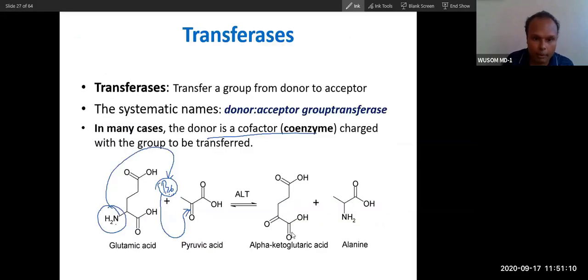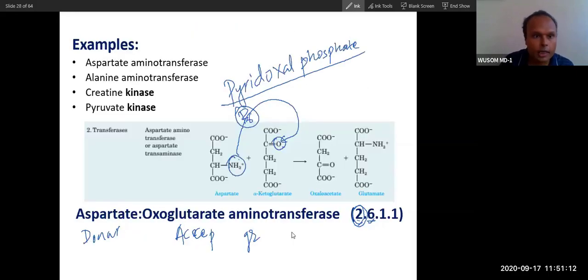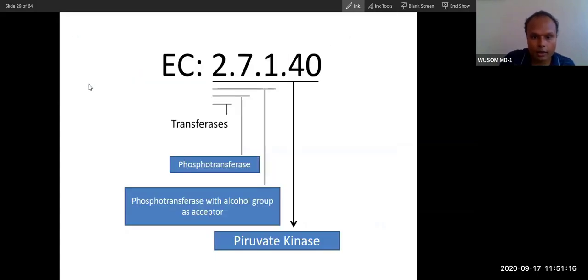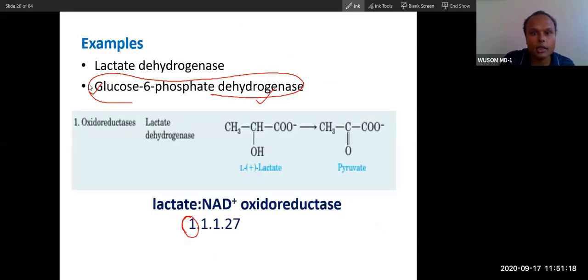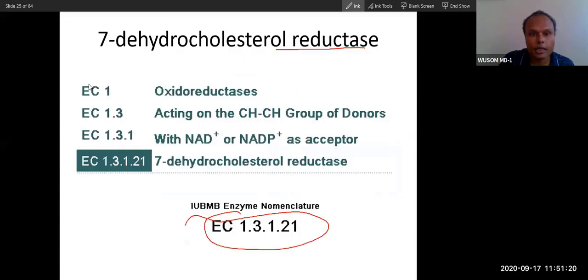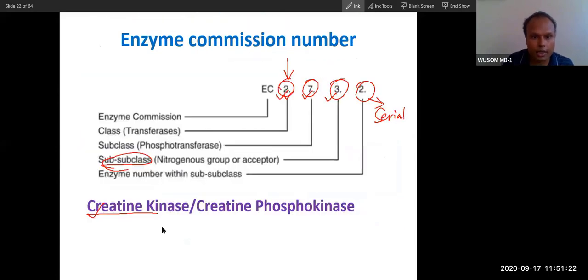Here this is alanine aminotransferase, ALT. And then creatine kinase, you can see here. This is creatine kinase, the first example I gave in the beginning. You can see the second number is 7, because it transfers a phosphate group, that is why it is given number 7.